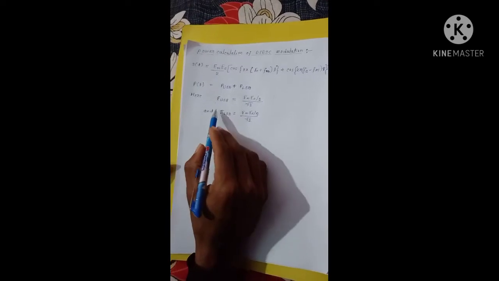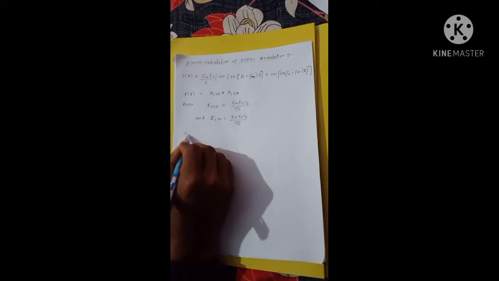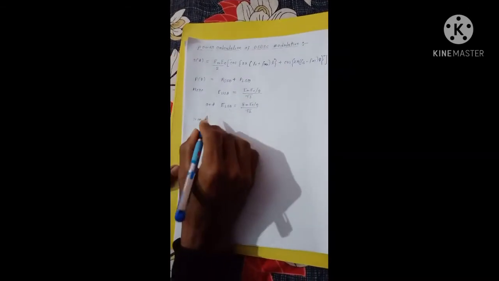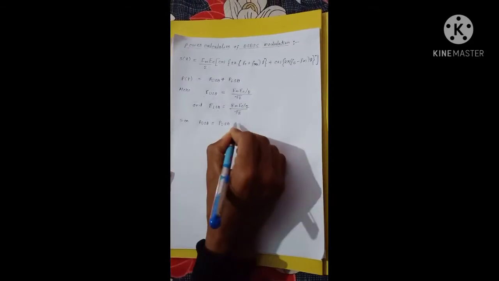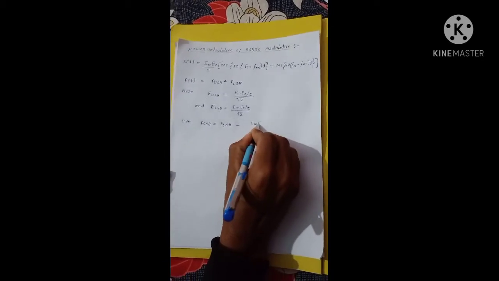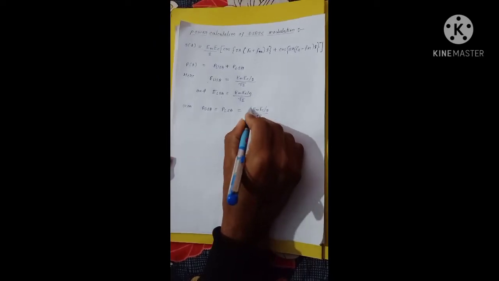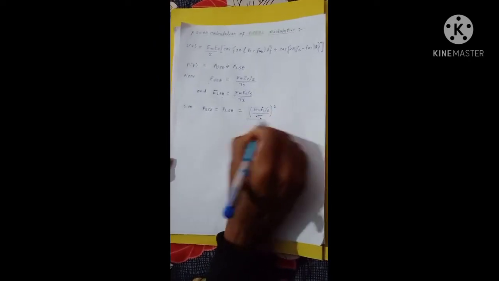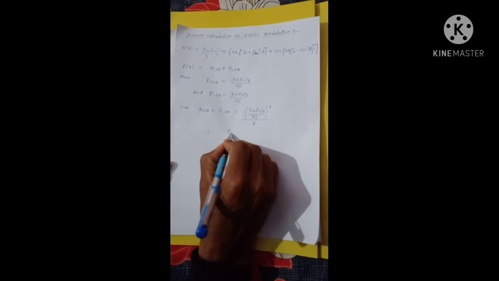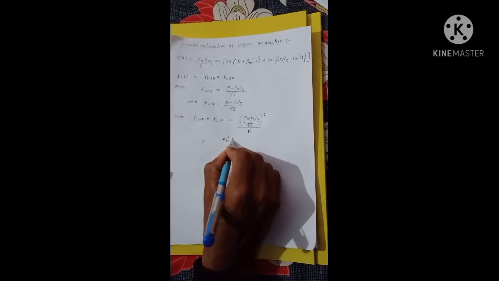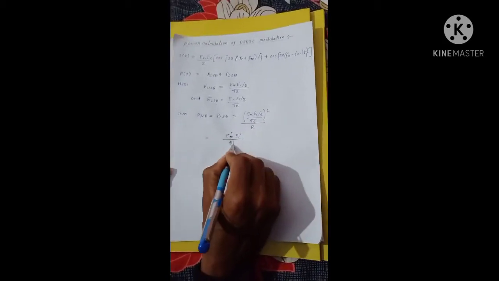Now the value of EUSB and ELSB both are same. So then PUSB is equal to PLSB is equal to EM into EC upon 2 by root 2, whole raised to the power 2, upon R. So that is EM square EC square upon 8R.